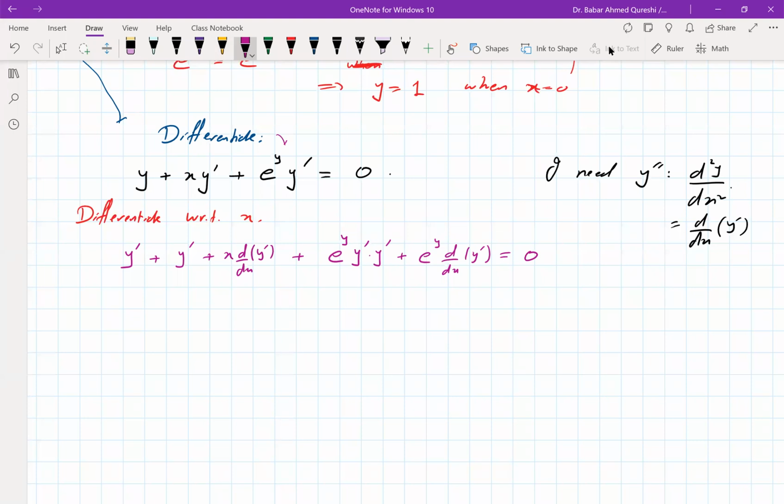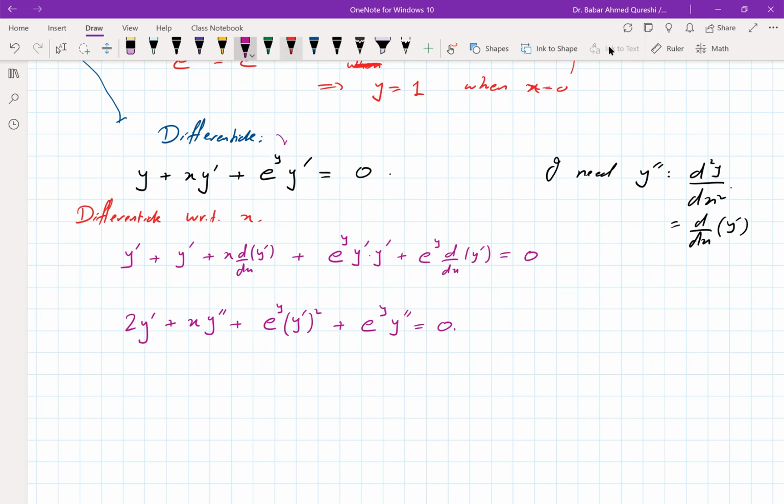So this gives me 2y dash plus x y double dash, plus ey y dash square plus ey y double dash is 0.